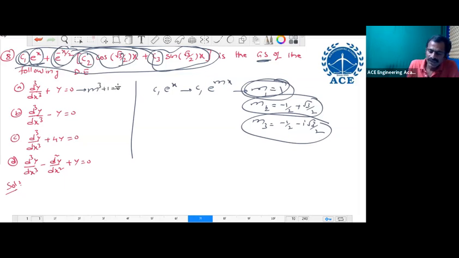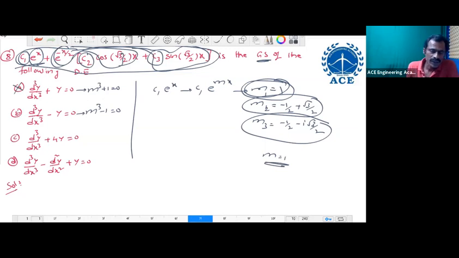If this auxiliary equation is satisfied by m equal to 1, then m equal to 1 is a root of the auxiliary equation of this differential equation. But when you substitute m equal to 1, this will not be satisfied. So A is wrong. For the second option, the auxiliary equation is m cube minus 1 equal to 0. This equation is satisfied by m equal to 1. So the second option may be the correct answer.